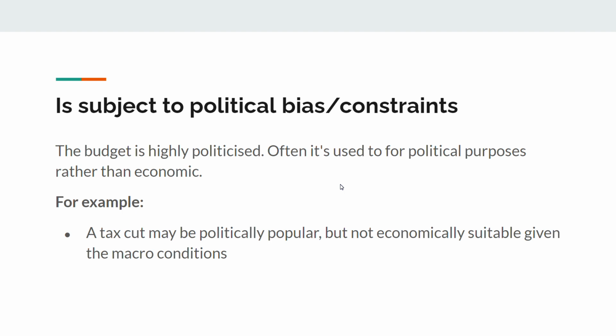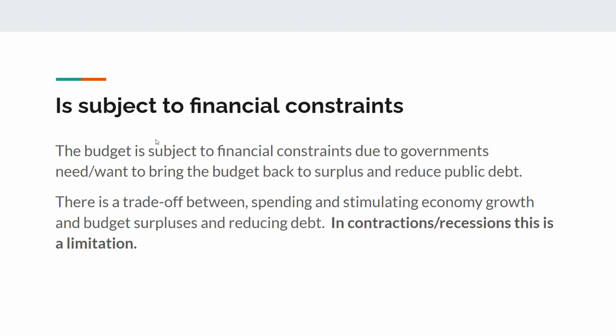So there's a trade-off between that political party using the budget to win votes, or buy votes, and get back into power, and doing what's right for the economy, doing what's right for achieving our three macroeconomic goals. Unlike monetary policy, budgetary policy is decided on by politicians, so often there's this political bias. Monetary policy is independent of the government or independent of politics.